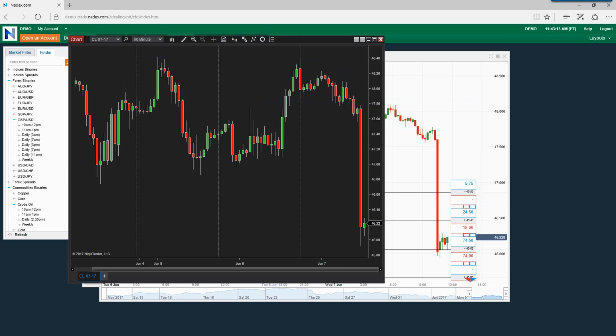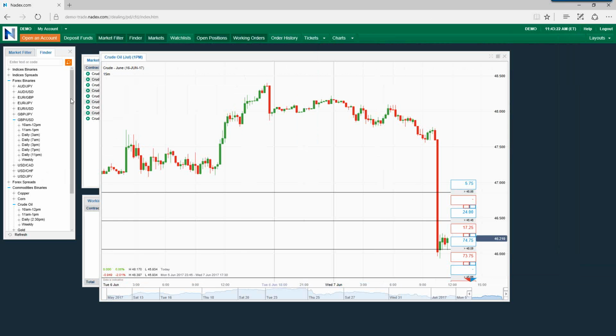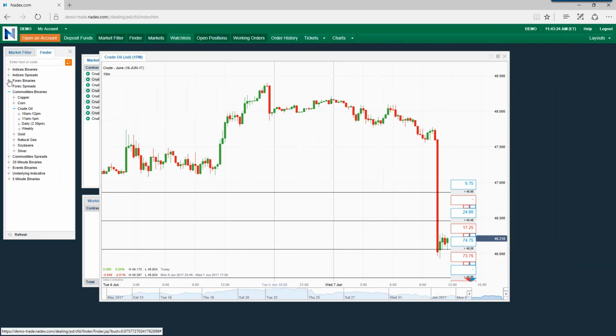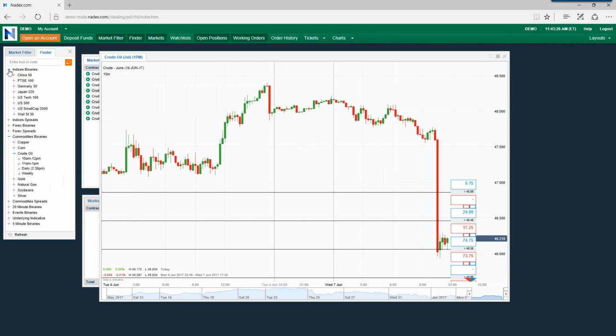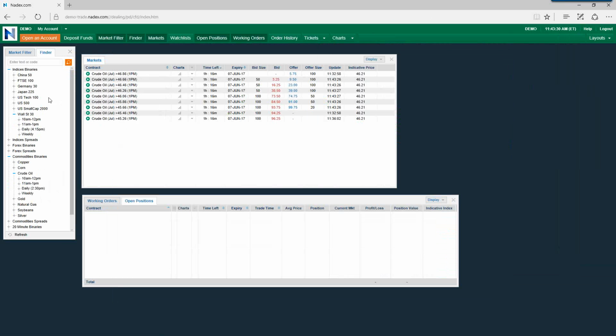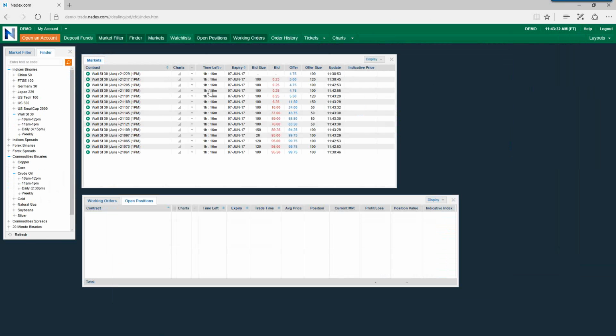Okay, what was another one y'all wanted to look at? Let's see. The Wall Street 30. All right, let's go look at the Wall Street 30. Let's get rid of this one.